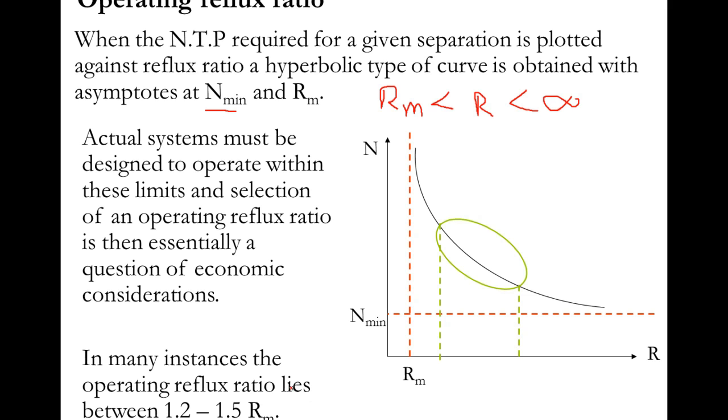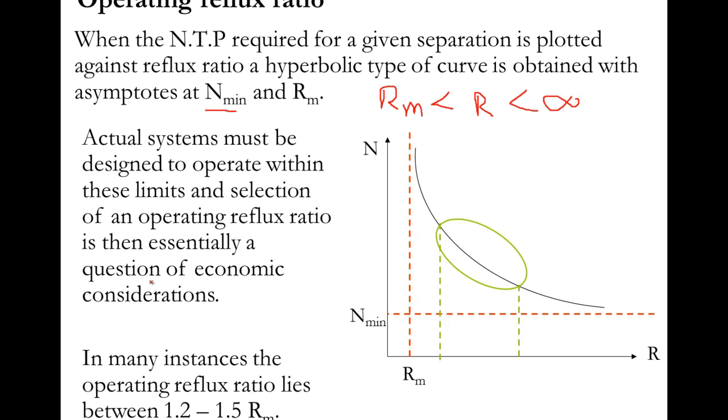Once we obtain the minimum reflux ratio, the operating reflux ratio can be 1.2 to 1.5 times the minimum reflux ratio.